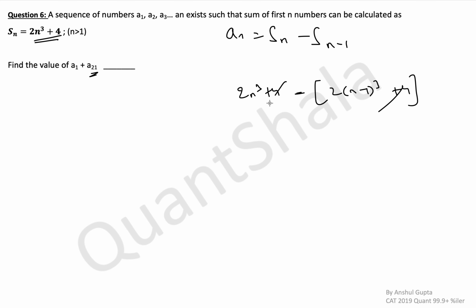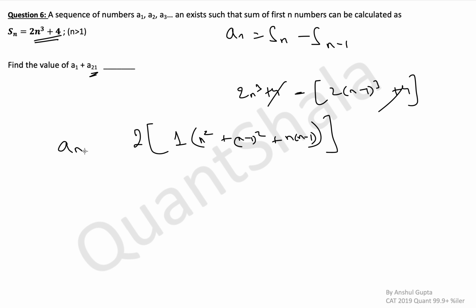This 4 gets cancelled, you take 2 common, n cubed minus (n-1) whole cubed. Use the formula for a cubed minus b cubed, which is (a minus b), which is 1, into (a squared plus b squared plus ab). So a squared is n squared plus (n-1) squared plus n into (n-1). Ultimately this is what you get.